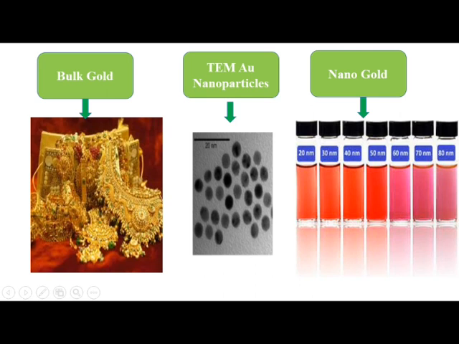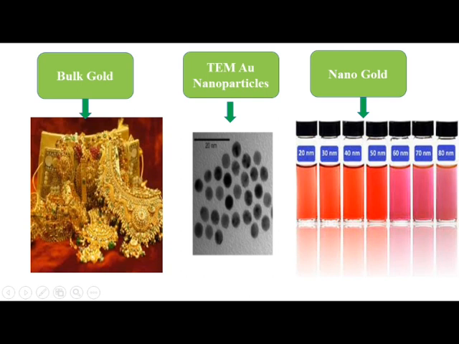These sample bottles have some solution, and the solution has a red to pink color. These bottles are labeled with nanometer sizes, from 20 nanometer up to 80 nanometer. If you see the labels 20, 30, 40 and up to 50 nanometer, you can see the red color, and the intensity of the color increases up to 50 nanometer.